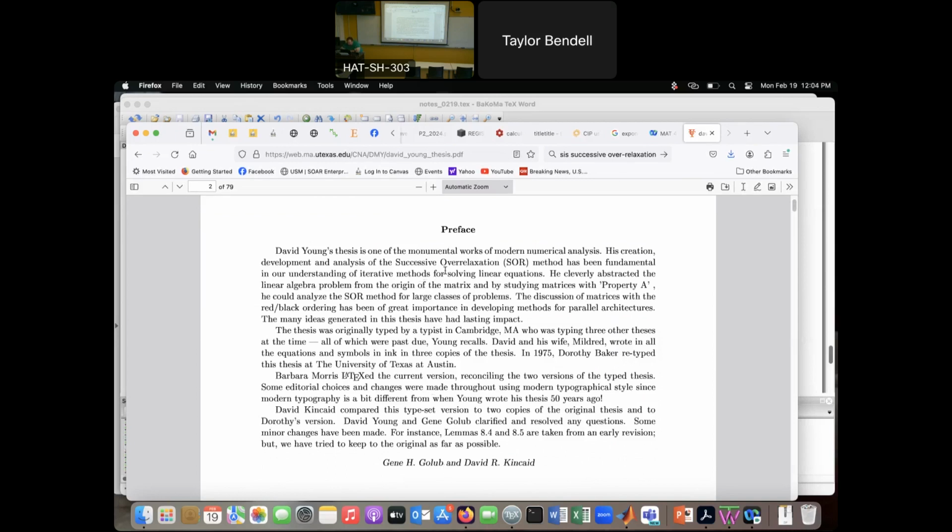It's just the preparation of this right here. So originally typed by typists, on a typewriter, who's also typing 3 other theses, all of which passed due. David and his wife wrote in all the equations in ink on 3 copies. Okay, and then Dr. Baker retyped it. Okay, and then Barbara Moore. Oh wow, that's my advisor's ex-wife. I didn't know she was involved in this. Yeah, LaTeX like the current version.